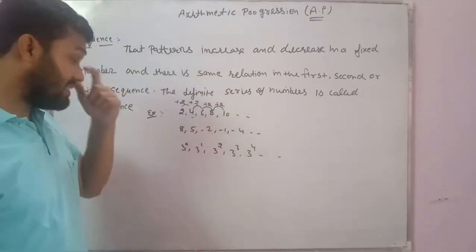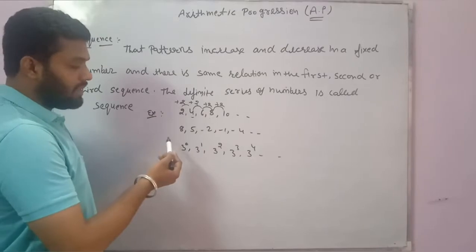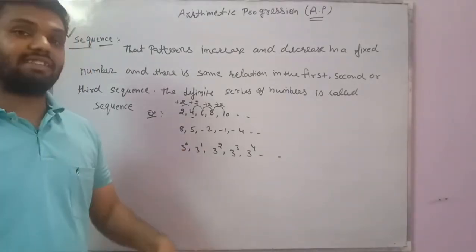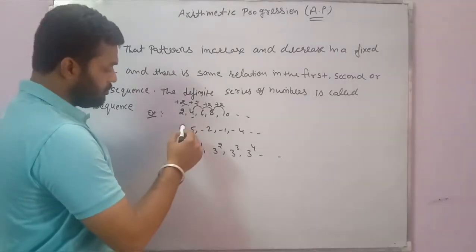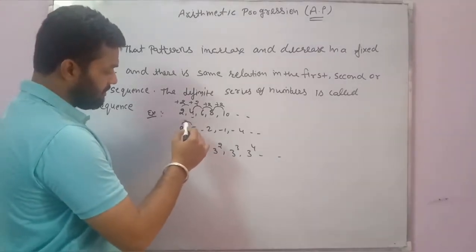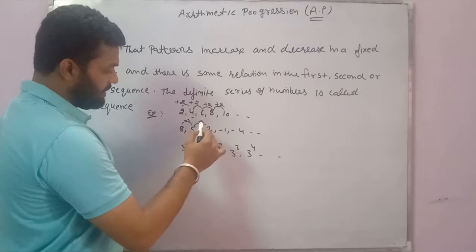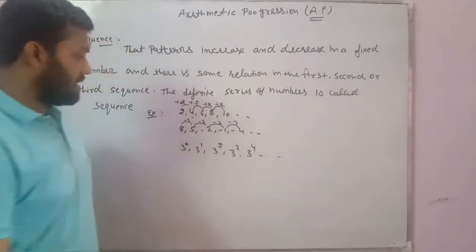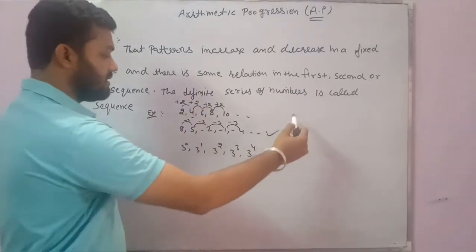This is a sequence. In example number two, we subtract 3 from the preceding term to find the succeeding term. हम फिर again minus 3, again minus 3. This is also a sequence.